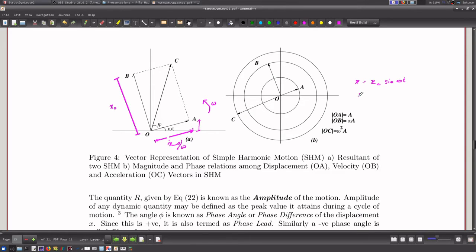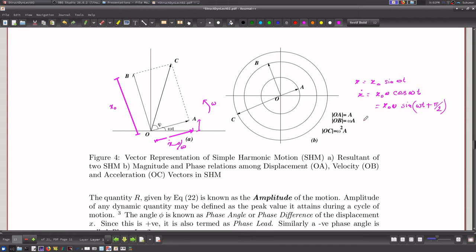In that case, what is x dot? X dot is x naught omega cos omega t, which is nothing but x naught omega sine omega t plus pi by 2, right?